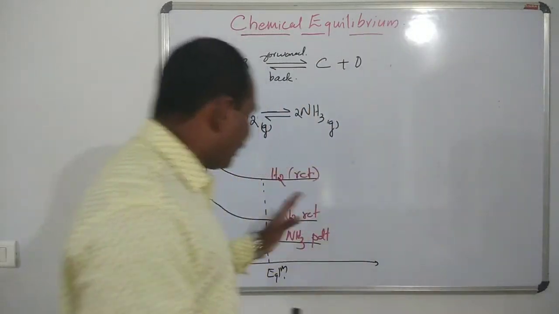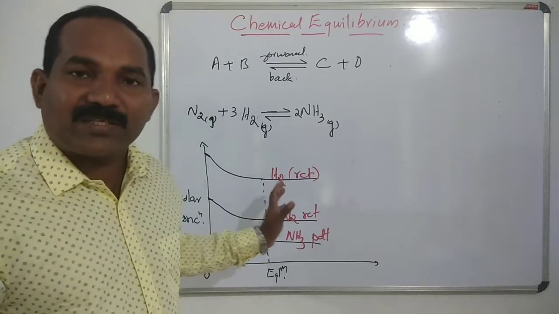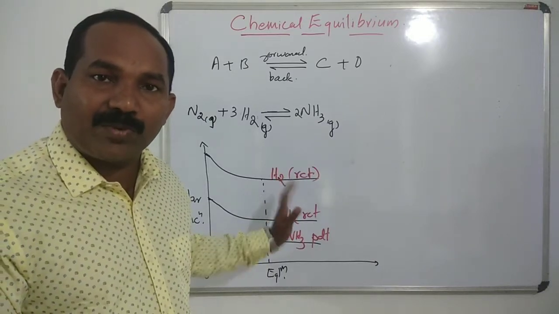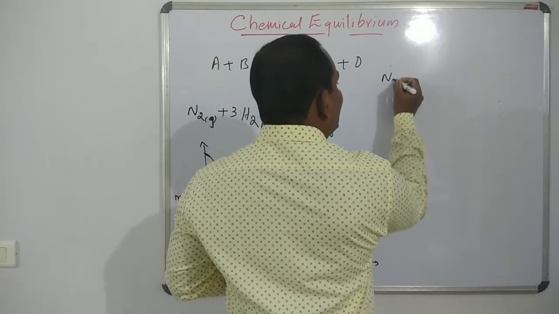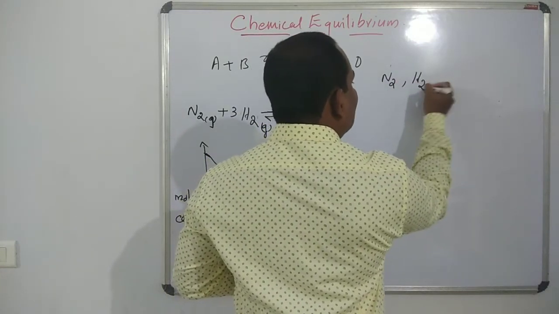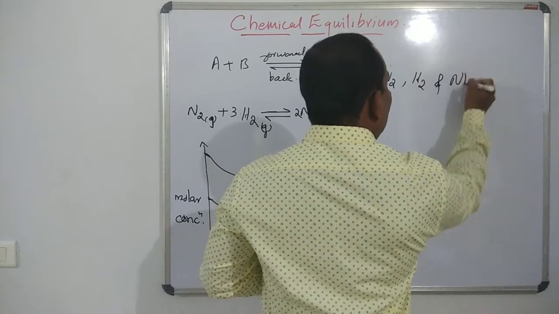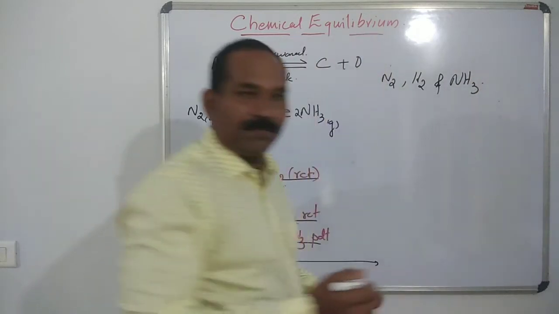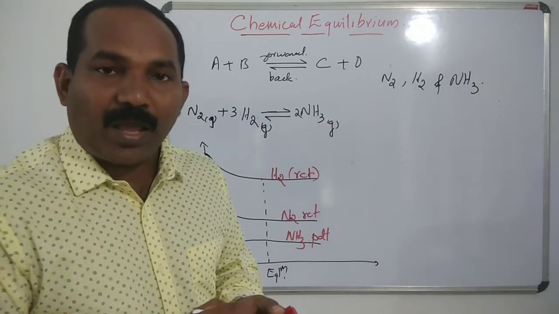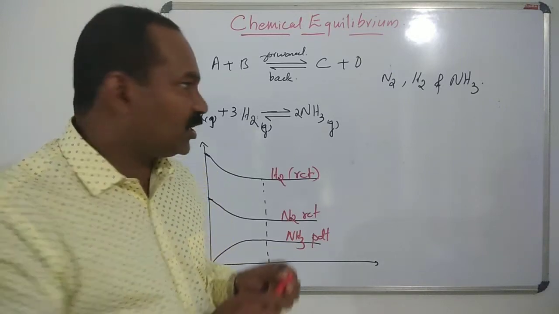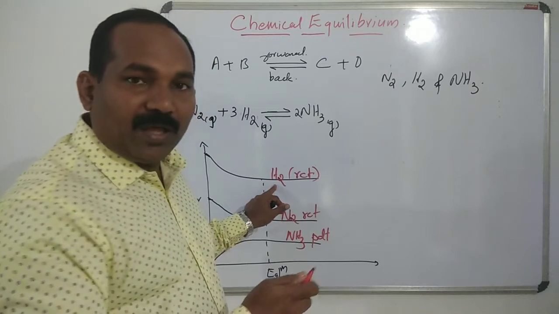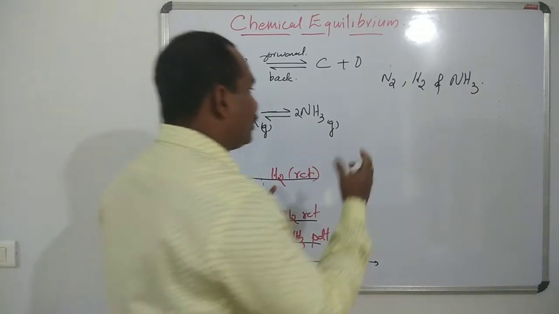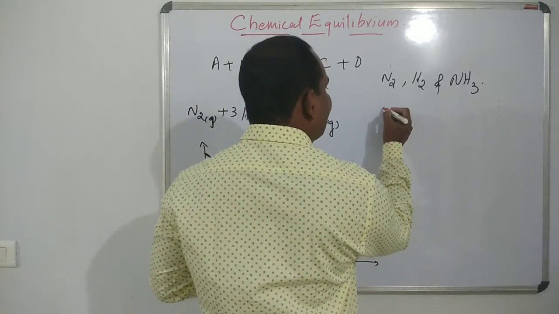So what are the reactants and products in this equilibrium mixture? Here the equilibrium mixture contains N2, H2 and NH3. Then, instead of hydrogen we take deuterium. What are the products and reactants?